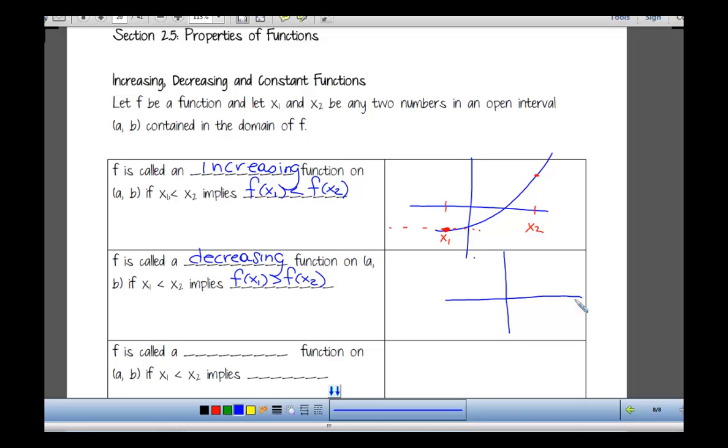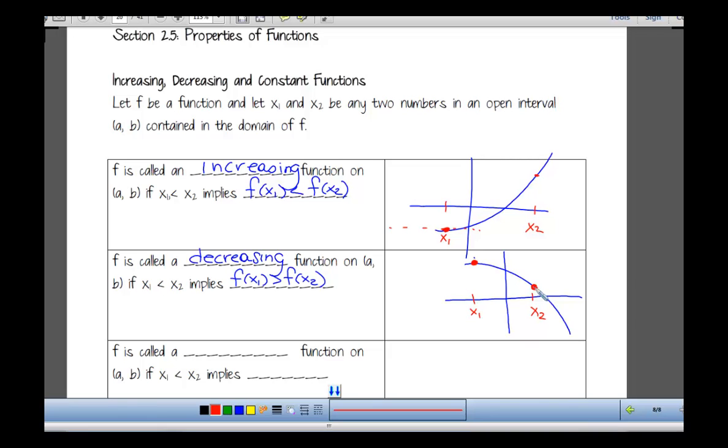So let's say we have something like that. Okay, we can let x1 be over here again, and x2, doesn't matter, right here. Okay, we can see f of x1 is greater than f of x2, and so we call this a decreasing function on the interval.